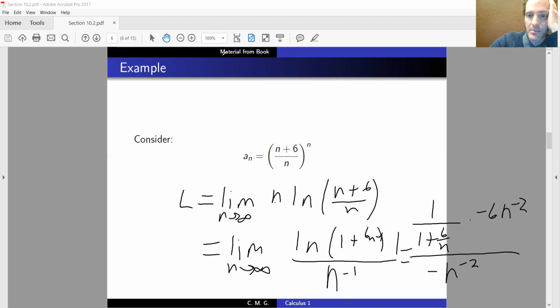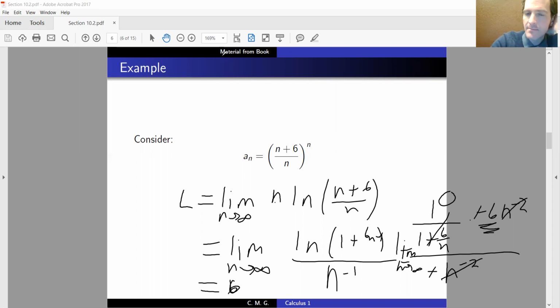So I differentiate both separately, and I take the limit as n goes to infinity. The first term here goes to 0. I can cancel my negatives and my n to the -2s. This whole thing ends up being just 6. So I just have this one term left. So I have 6 in the end.